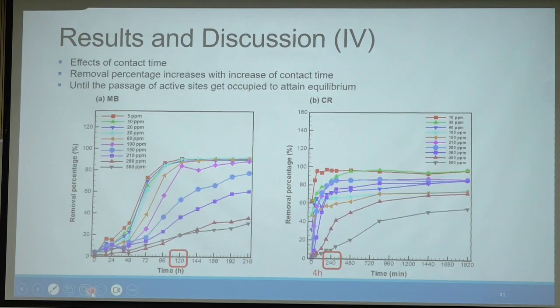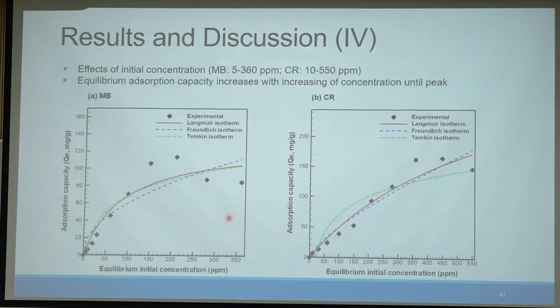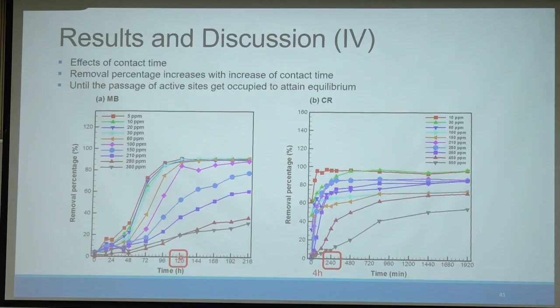However, the effective contact time is increasing from time to time. The removal of methylene blue reaches its optimum at around 120 hours, with more than 80%.